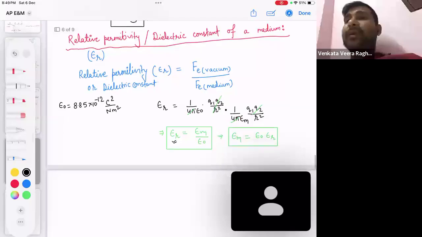Relative permittivity is the ratio of electrostatic force in vacuum to that in the medium. So if there is a medium whose relative permittivity is 5, tell me, in that medium how many times will the force decrease compared to the vacuum? Will it just decrease 5 times?